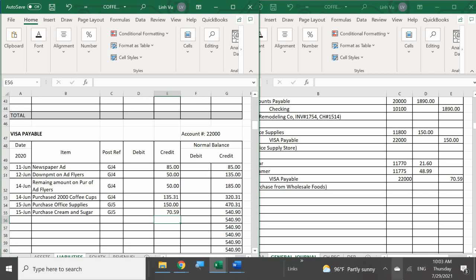Okay, so we just did the Visa payable under the liabilities. What's the next step?